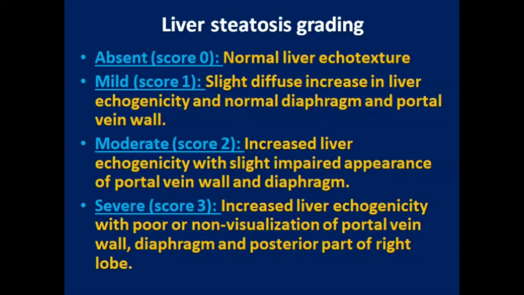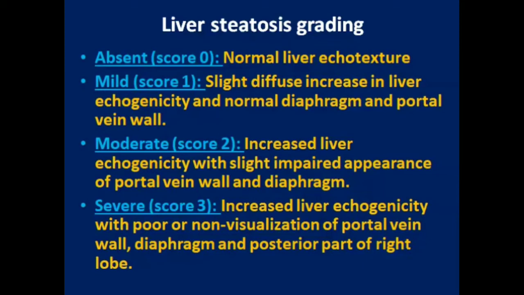For mild steatosis, the score is 1, with a slight diffuse increase in liver echogenicity, and a normal diaphragm and portal vein wall are appreciated.